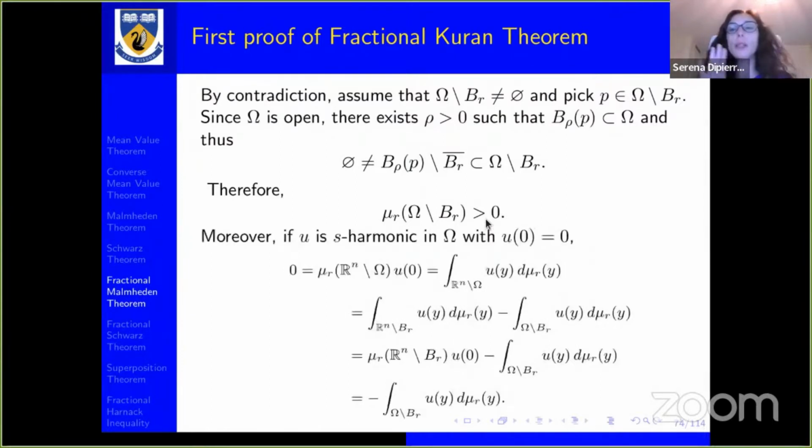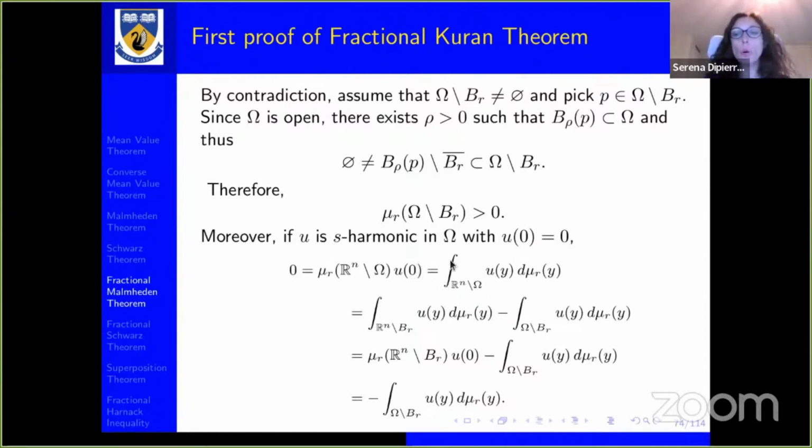And then I play essentially the same game that Courant did in his proof. So I take a function U s-harmonic in omega such that U at 0 is equal to 0. And so 0 is equal in particular to mu R times U0. And then I use the fractional mean value formula for U0.